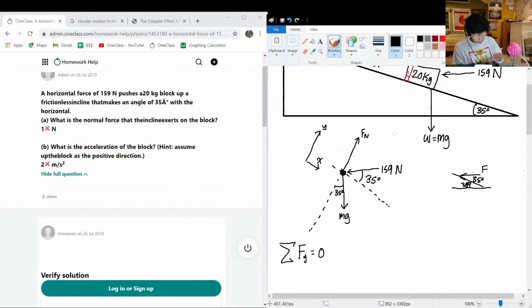We have Fn, and there's no need to have any angle associated with it. Okay, now let's look at mg. So mg is going in the negative y direction, so we got negative mg, and we're also going to multiply this by a factor of cos 35.